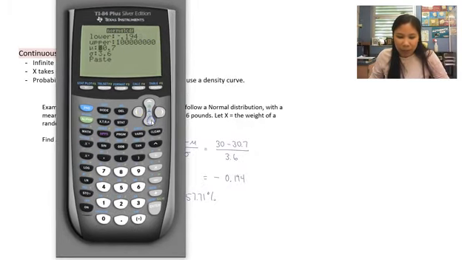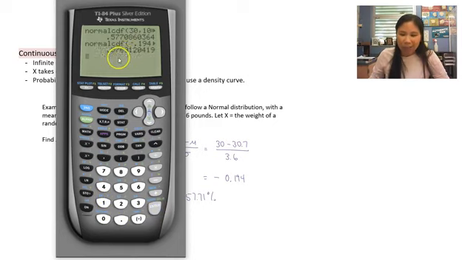Since I'm using z-scores, when we're dealing with standardized scores, the mean is always 0 and the standard deviation is always 1. Now when I hit paste, the probability that it gives me is slightly different than what I had before, just because of rounding error. When I found the z-score of negative 0.194, it was slightly rounded. But that is the way of finding our probabilities of normal curves without table A.